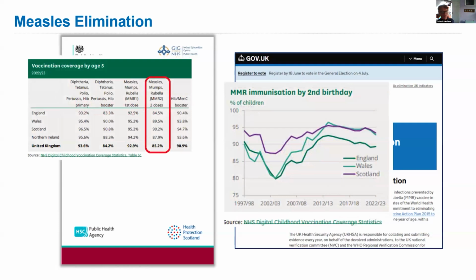As I said before, things have slipped. The rate in England, in the UK, isn't 95%, it's more like 85%. It's only 10% less, but it's not the level recommended by the WHO to have that level of herd immunity and stop outbreaks of the disease occurring. So the rate for 2 MMR doses in England was below 85%. And very significantly, there was a real dip just after the year 2000, which is attributed to a controversy around vaccination and autism.